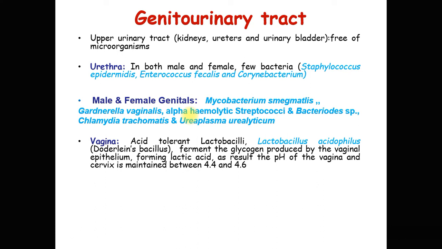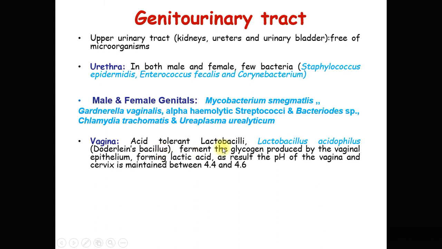The flora of the female genitals, particularly the vagina region, is quite complex and keeps on changing because of the variation in pH and the change of the female hormones. The flora of the vagina mainly consists of acid-tolerant lactobacilli, the species Lactobacillus acidophilus. It is also called Döderlein's bacillus.